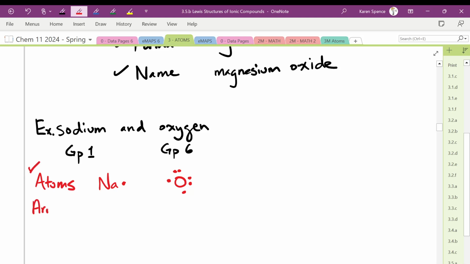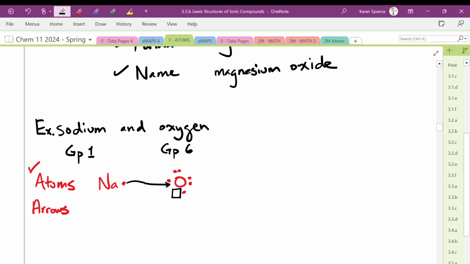Arrows. Well, I got this electron here. Off I go. I must be done now because I've run out of electrons. No. How could I fix this problem? Oxygen still has an empty spot right here. Yes.